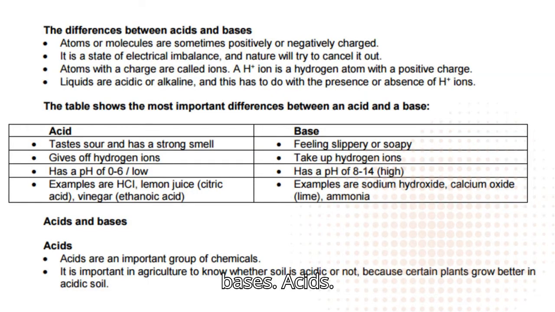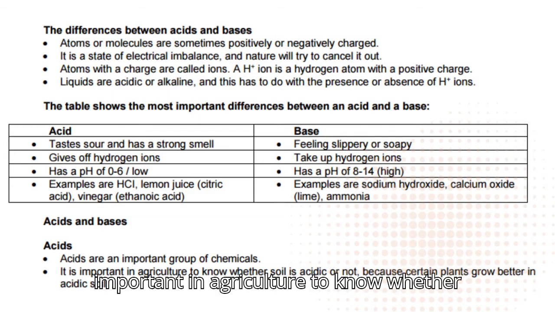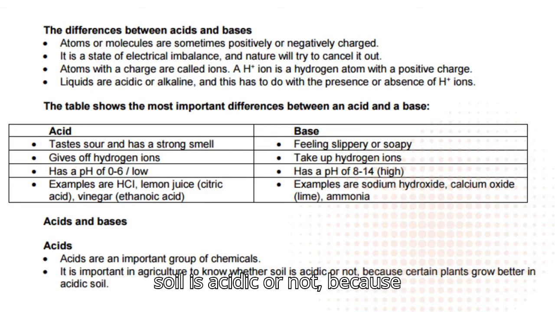Acids and bases. Acids. Acids are an important group of chemicals. It is important in agriculture to know whether soil is acidic or not, because certain plants grow better in acidic soil.